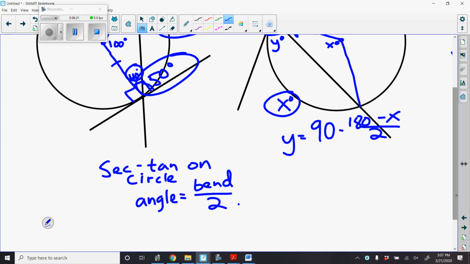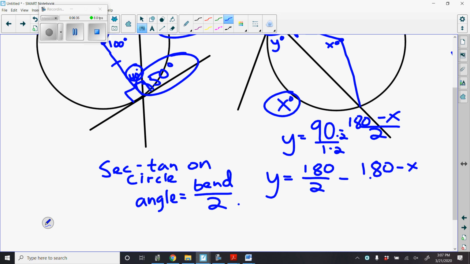Now that doesn't look like the right answer yet, but if I simplify this thing, I need a common denominator. What I get is Y equals 180 over 2 minus (180 minus X) over 2. Once I've got the common denominator, I can smash these two things together, and I get 180 minus (180 minus X) over 2.